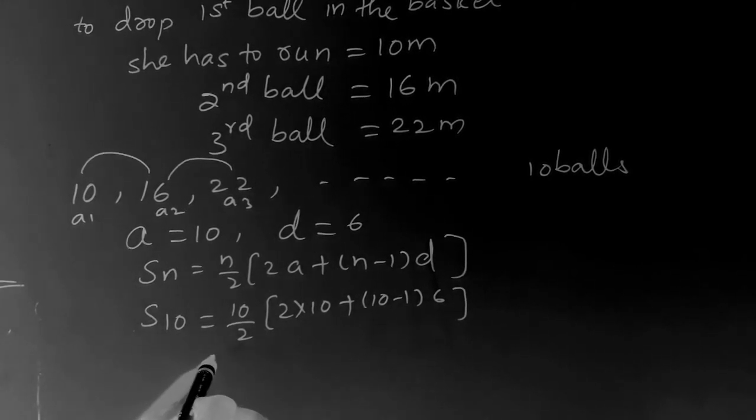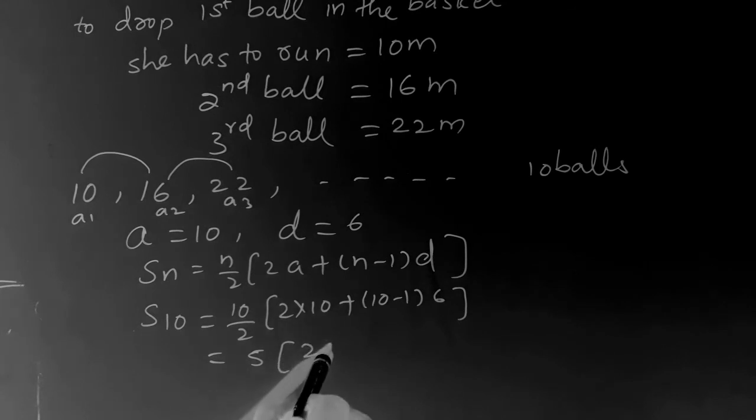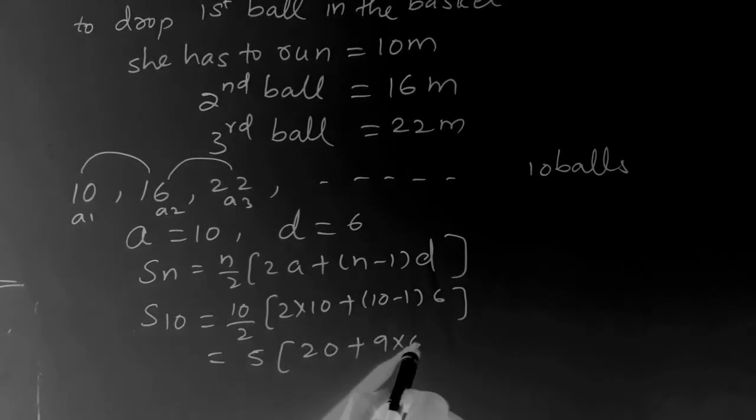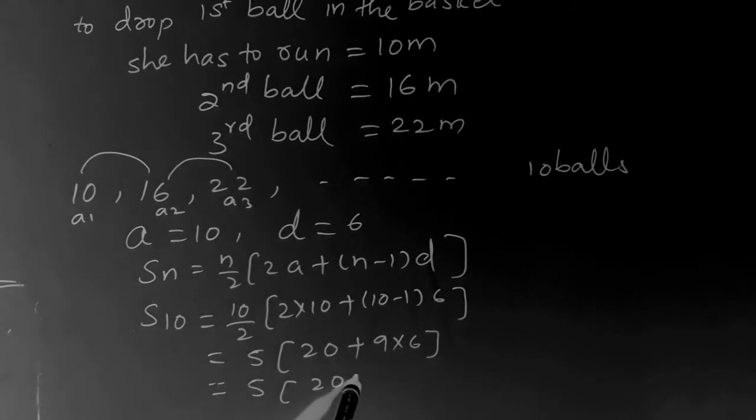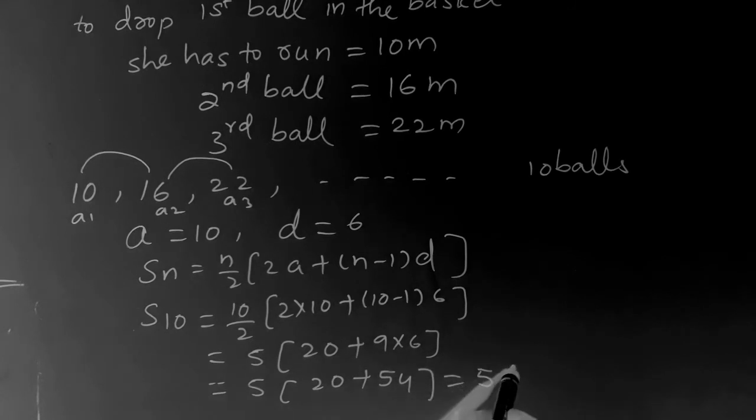Okay, 10 by 2 is nothing but 5. 2 into 10 is nothing but 20. So this is 9 into 6. So what is the total here? 5 times 20 plus 9 times 6 is nothing but 54. So 5 times 20 plus 54 is nothing but 74.